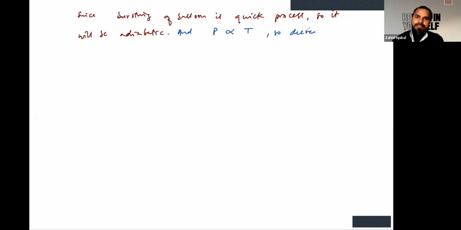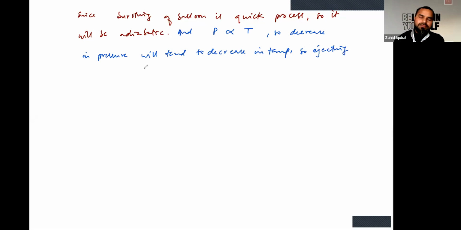So a decrease in pressure will tend to decrease the temperature. That's why ejecting air will be cold. So the ejecting or escaping air will be cold as compared to the normal temperature of air. You may just write it down.